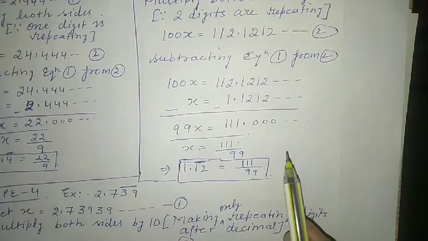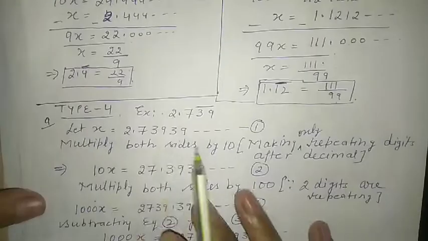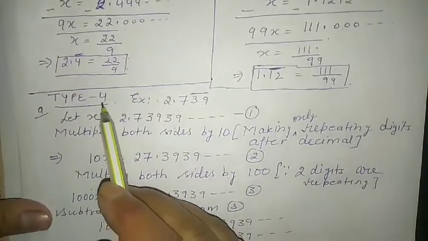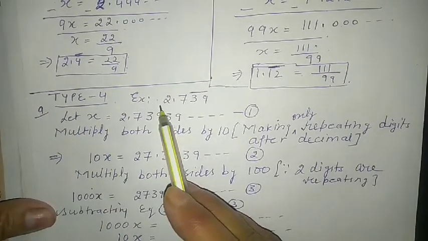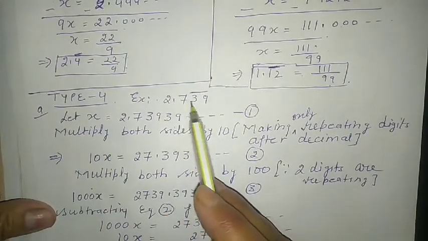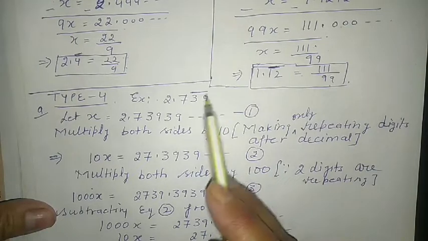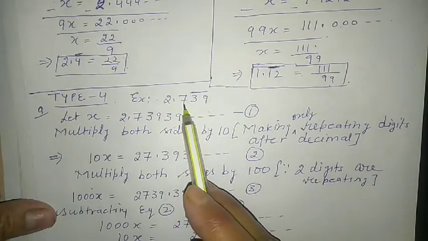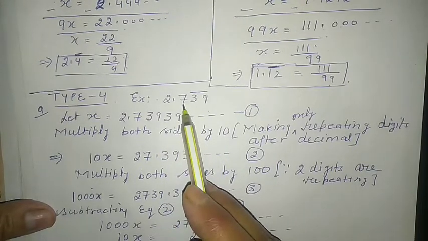So this was type 3. Now we have type 4. In type 4, there is an example 2.739 bar. We can see here the first decimal digit is without bar.